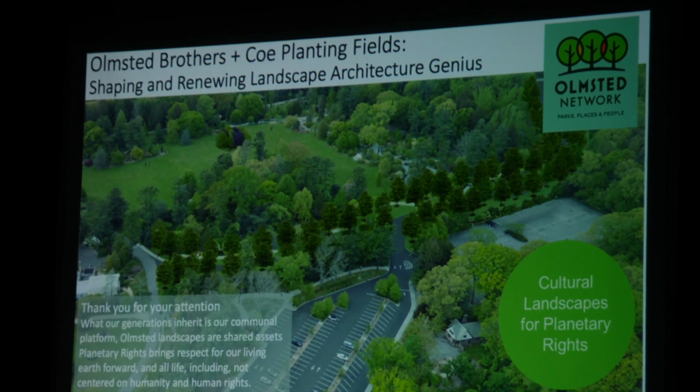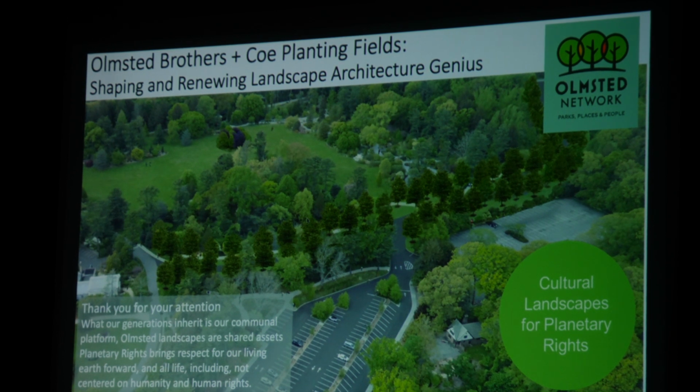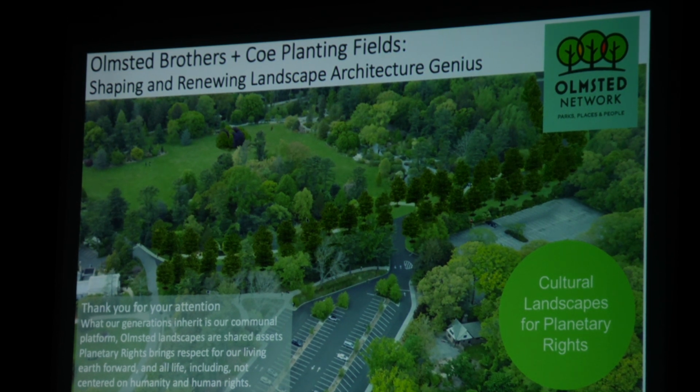So let me end with a note on why I believe cultural landscapes are ideal for planetary rights. In 2021, the UN Convention on Biodiversity put out a number that 75% of the planetary surface was deeply altered by humanity.